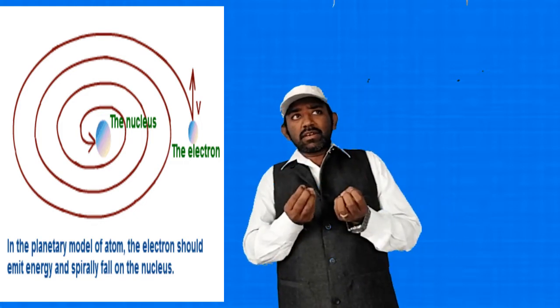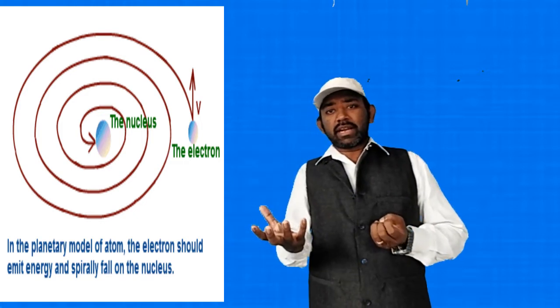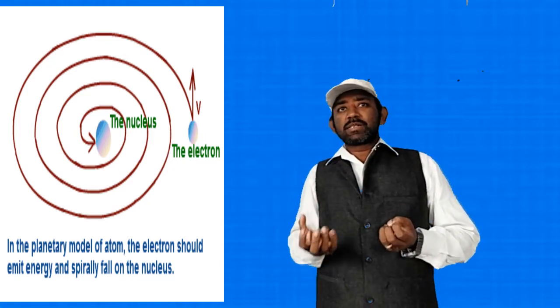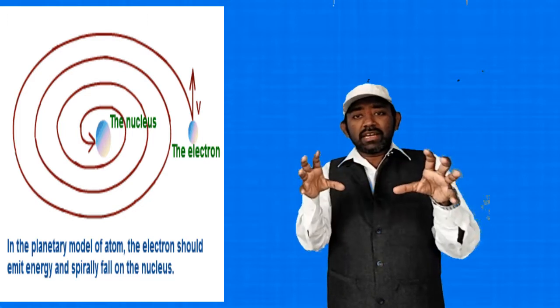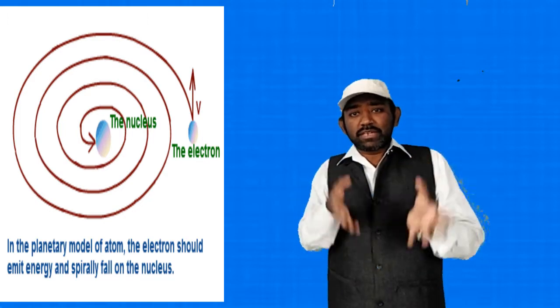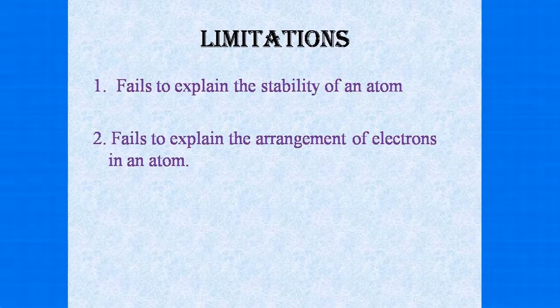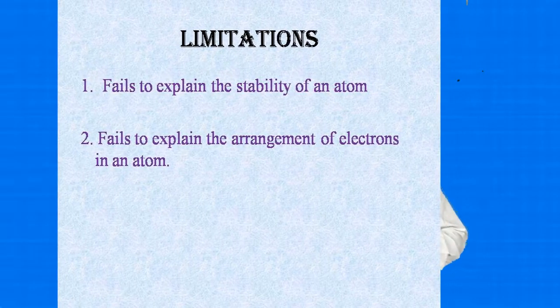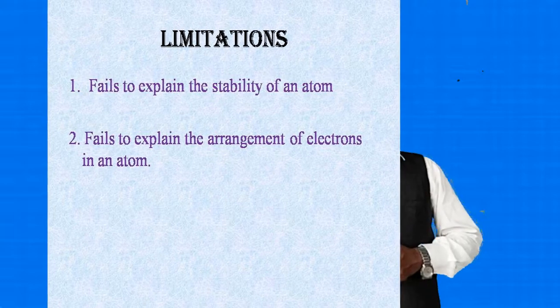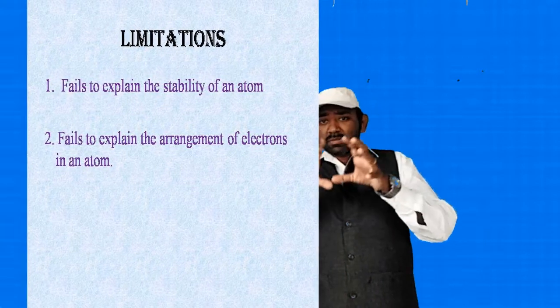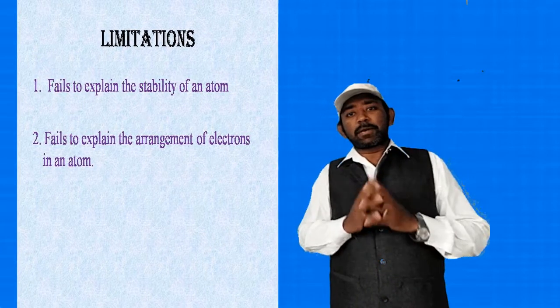While emitting radiation, it must lose energy, so ultimately the electrons would collapse into the nucleus. Thus the model failed to explain the stability of the atom. Also, the Rutherford atomic model failed to explain the arrangement of the electrons in an atom.